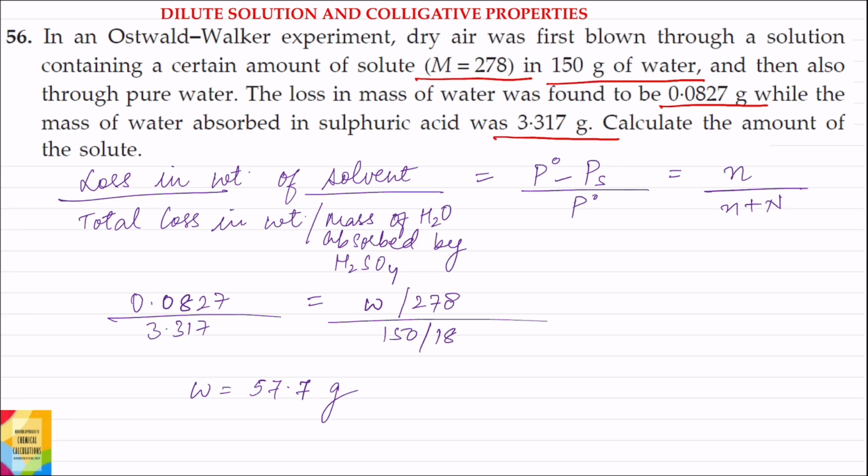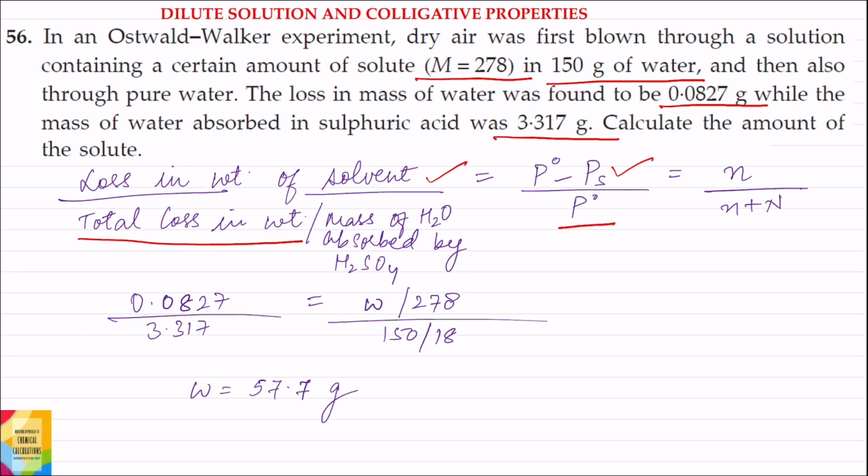For the Ostwald-Walker experiment, there is a formula. Loss in weight of the solvent is directly proportional to vapor pressure of pure solvent minus vapor pressure of solution, and total loss in weight or mass of water absorbed by sulfuric acid will be equal to vapor pressure of pure solvent.